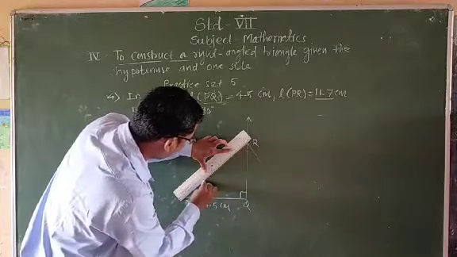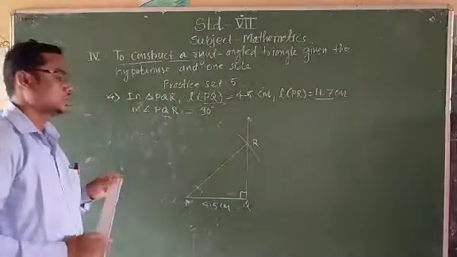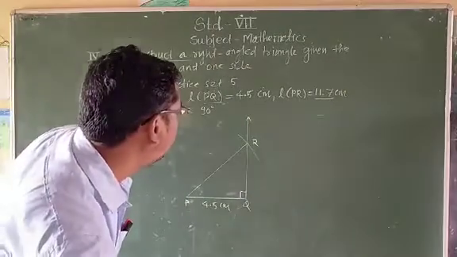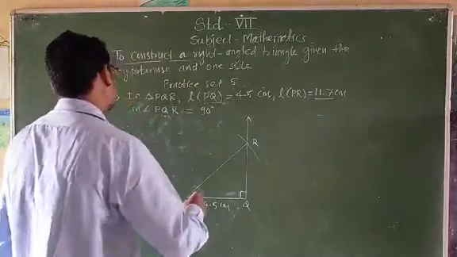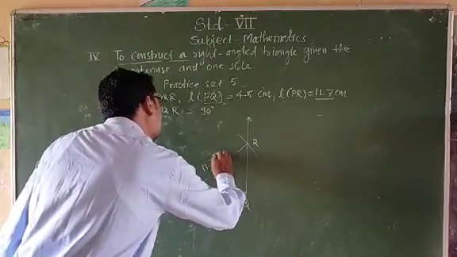Use a sharp pencil. Okay, so we get the required triangle. Which triangle? PQR, 11.7 सेंटीमीटर.